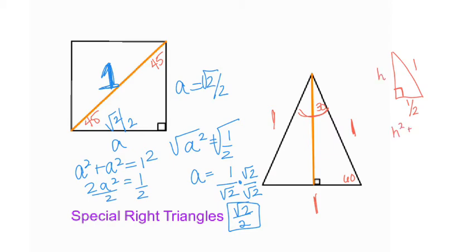So h squared plus 1/2 squared equals 1 squared. 1 squared is 1. This is 1/4. So I need to subtract 1/4 from each side. So I get 3/4. Take the square root, and I get h is the square root of 3 over 2, because this would be the square root of 3 over the square root of 4, and I know the square root of 4 is 2.